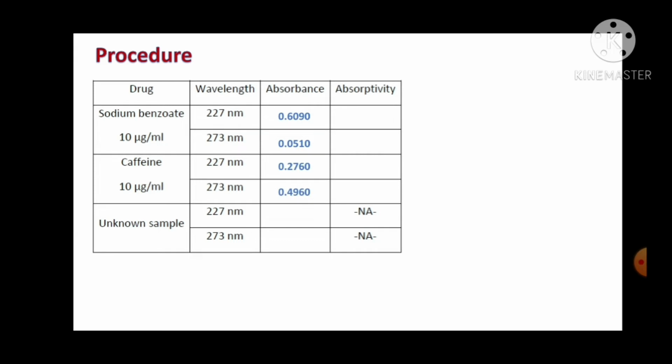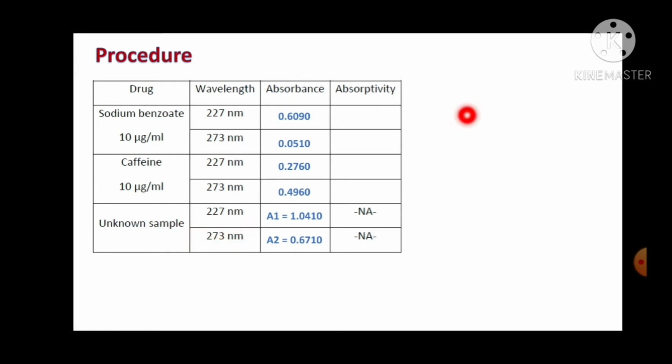Similarly, we have recorded the absorbance for standard caffeine, and then for our unknown sample whose concentration we need to find out. I am referring to this as A1. A1 is the absorbance we recorded at 227 nanometer, that is lambda 1, and A2 is the absorbance of the sample solution recorded at lambda 2, that is 273.